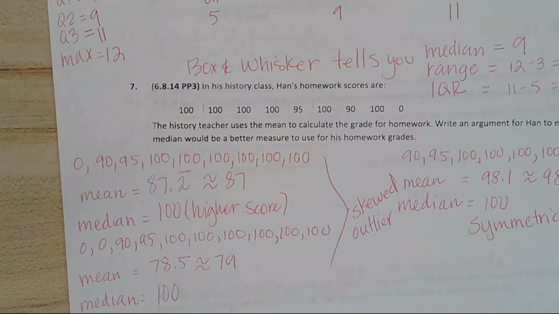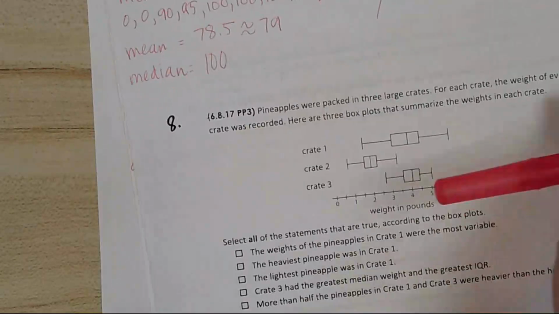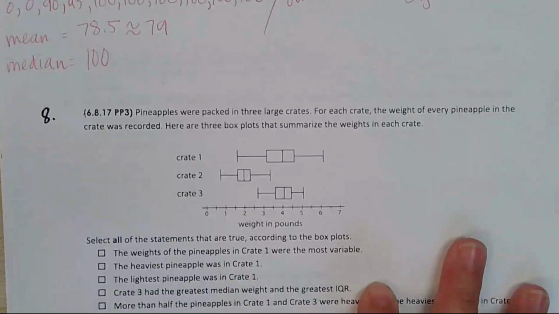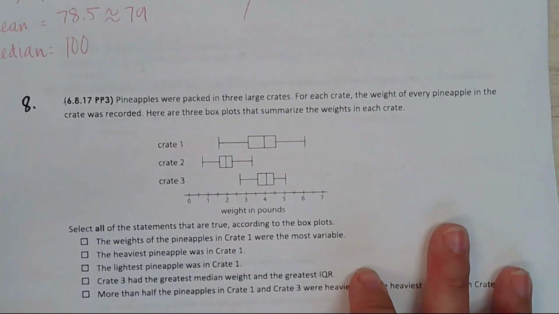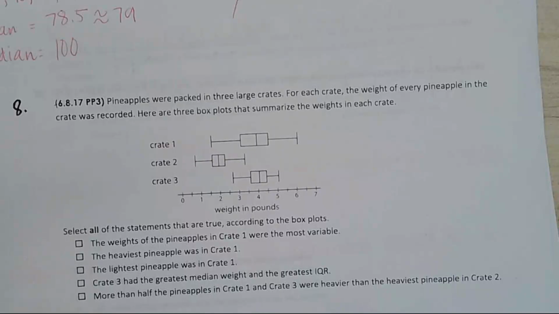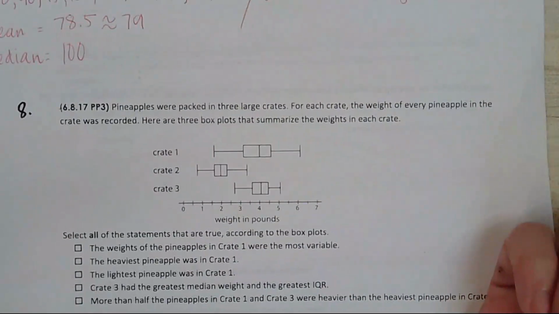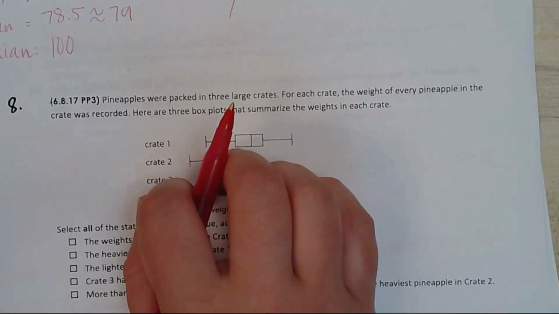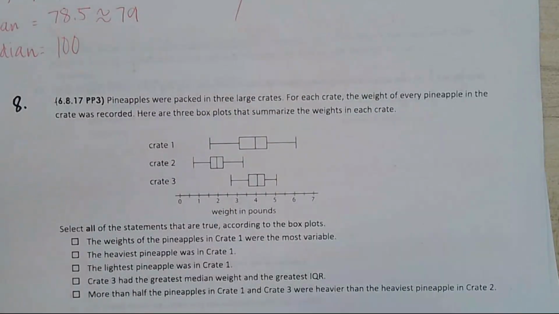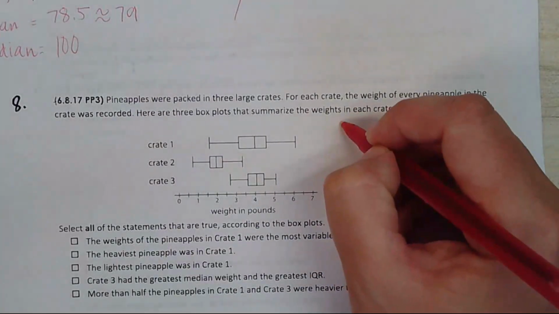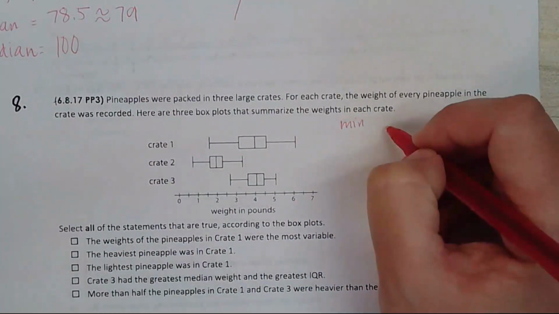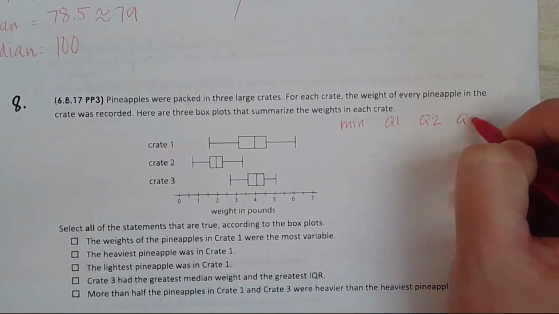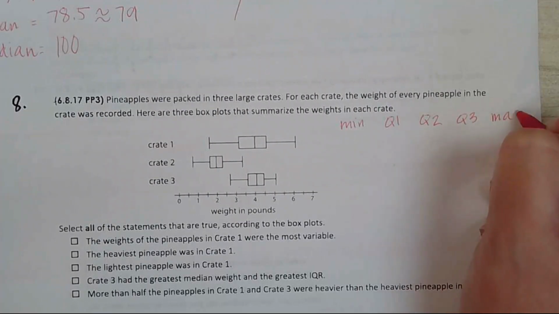Now let's look at 8. And I love 8 because we're about to go by this super fast, because did it ask you to create a box and whisker plot? No, it's asking you to read it because they already have the box and whisker plot. What do you get from a box and whisker plot? You get your minimum, you get your Q1, your Q2, your Q3, and your maximum.